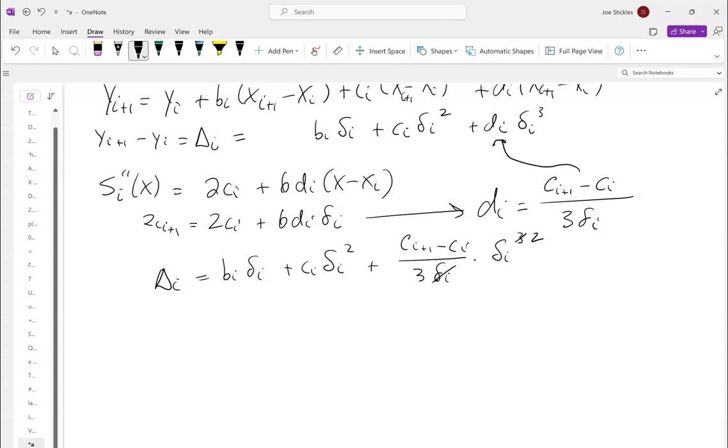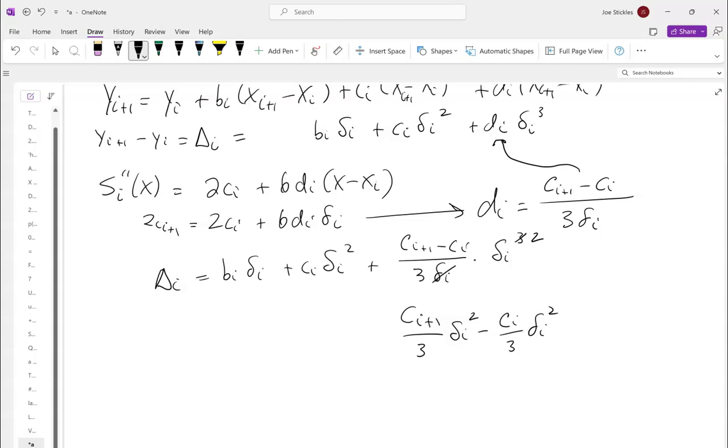This is C sub I plus 1 over 3 delta sub I and a minus C sub I over 3 delta sub I, all right? Delta squared, sorry. That's just this piece here. Notice I've got a plus C sub I delta sub I squared here. So I'll have 2/3 there. You agree with that? Okay.